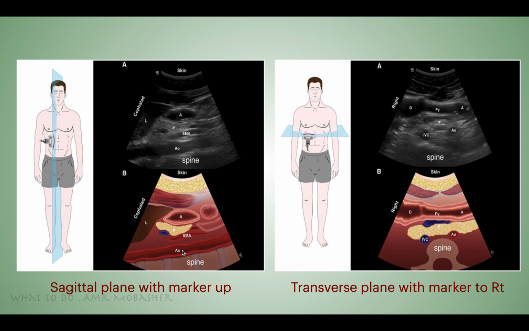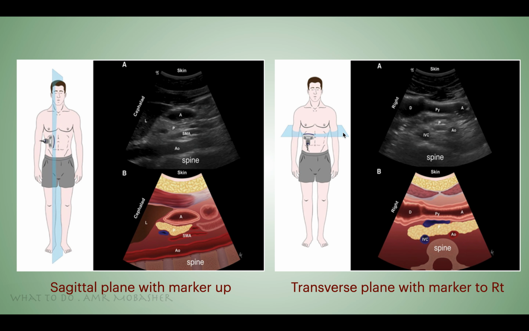So the marker is towards the head, this is the marker side. So the left side is superior, the right side is inferior. Superior, inferior, anterior, posterior. For the transverse scan, the marker points to the right side of the patient, so this is the marker side, this will be the right side of the patient, and this will be the left side of the patient, anterior and posterior.